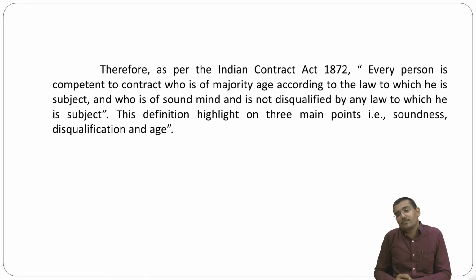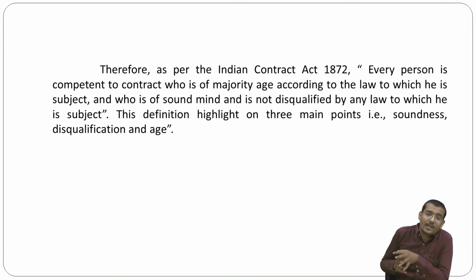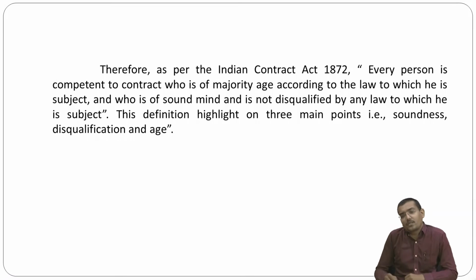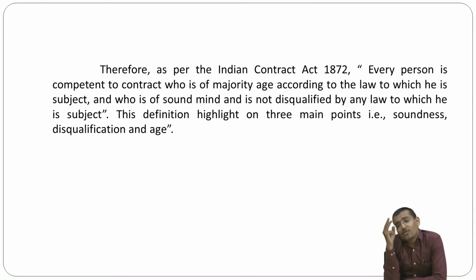Yes or no? So who are not performing that contract? As earlier we stated, who are not performing that contract. In this definition, it highlights only three words, that is soundness: your mental capacity to understand the contract is important, that's why it is called soundness.